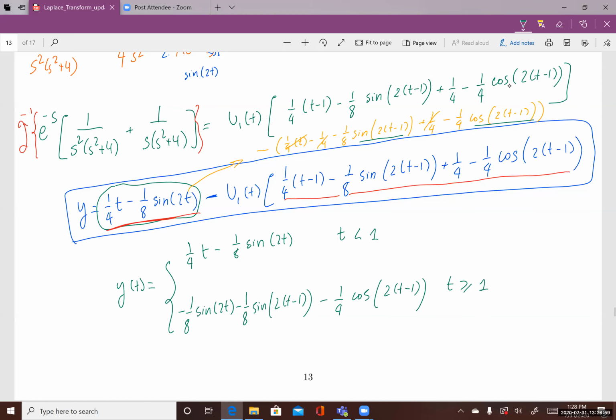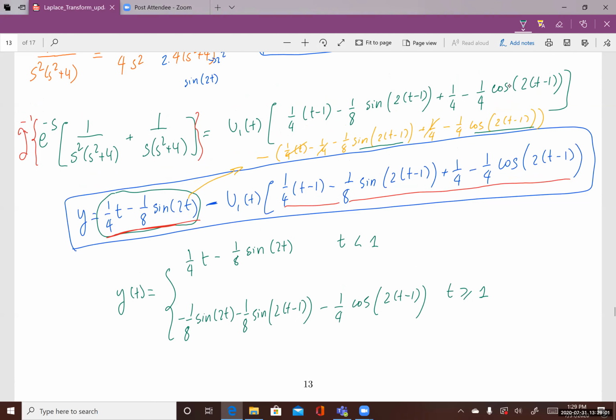All right. This is how you convert from a step function in this form into a piecewise function. You always want to start with the first function for t less than 1. For the second function, you always take this function and add this function. Whatever the sum of this and this function will be the second function here.